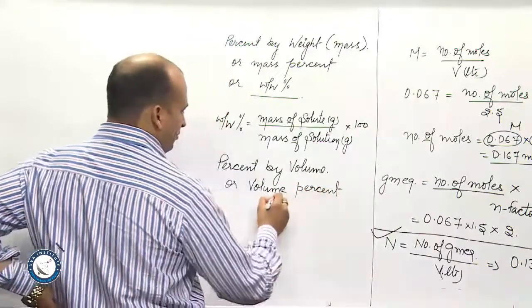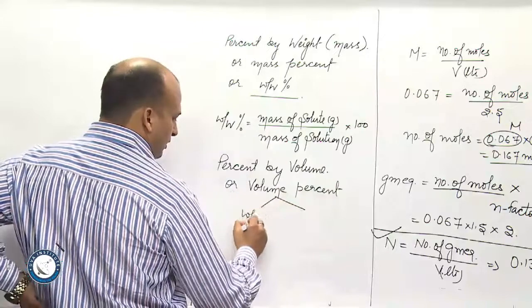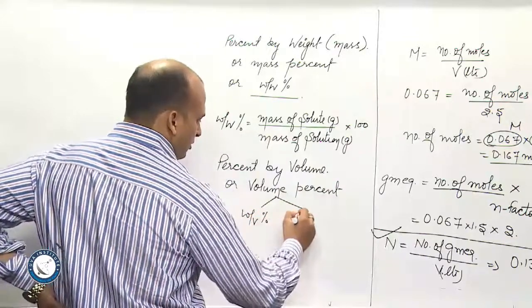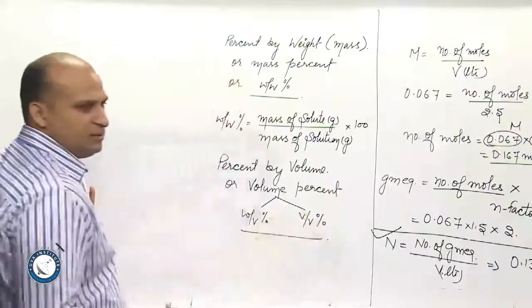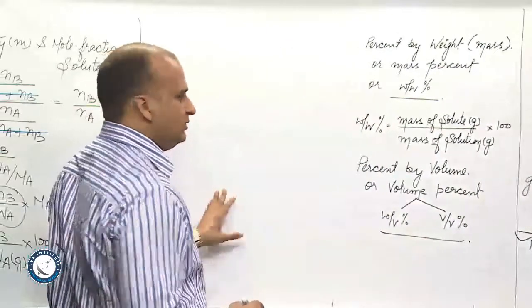Now this can be of two types, W by V percent or V by V percent. Now what is W by V percent and V by V percent?